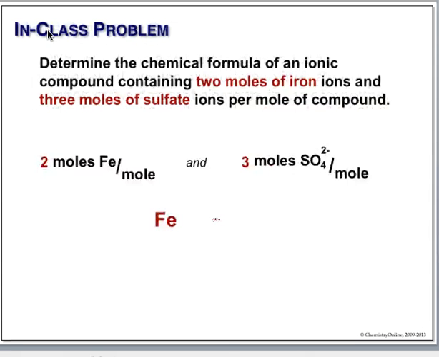That means we would have 2 irons and 3 sulfates. In 1 mole of this, how many moles of sulfur would there be? 3. We have 3 sulfates. So every sulfate would have 1 sulfur.